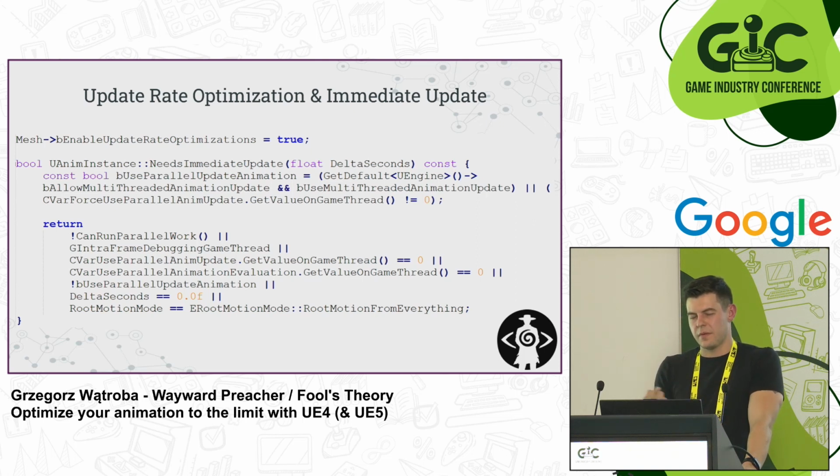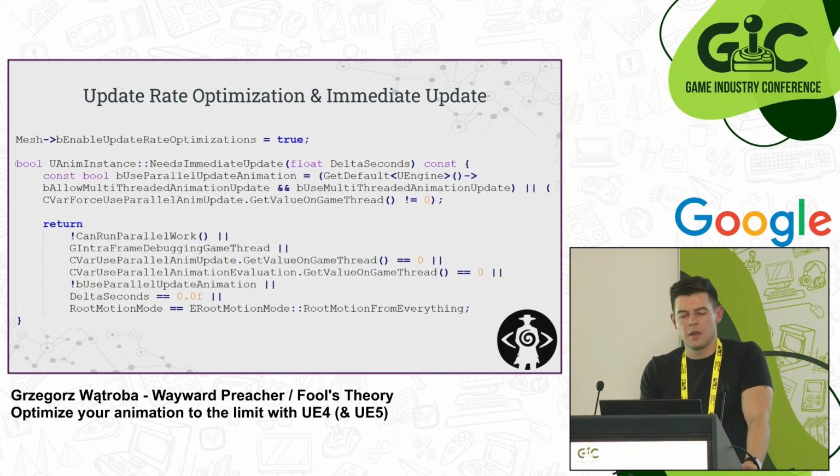And if some flag doesn't meet the expectations to return false, so the anim instance could be multi-threaded, you have to see whether the setup of the asset is wrong, or maybe you forgot about some flag within the code. To find out why, do explore these flags, and if you fix them accordingly, then you are sure that the anim instance can be multi-threaded.